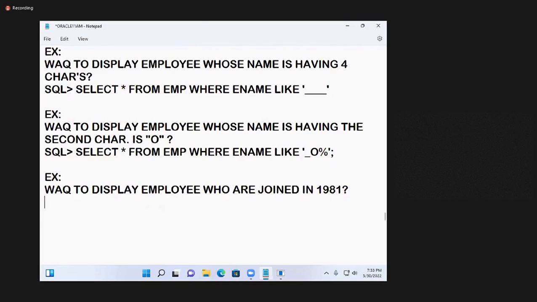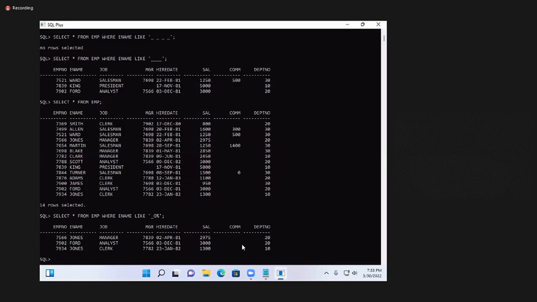Okay, so by using the like operator, we can check the year, or else dates also, we can compare the date patterns. Suppose in 1981, how many people joined? I can use the like operator here. But what is my column name here? Hire date, and I have to use the like operator.